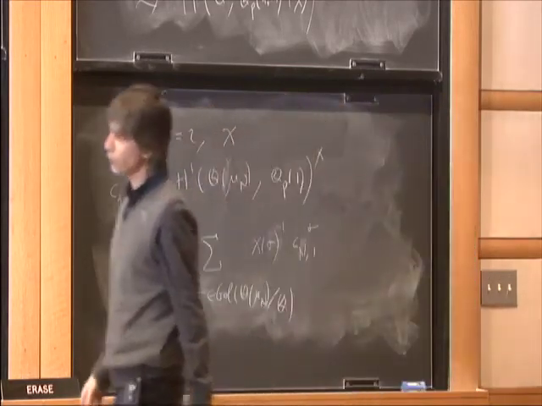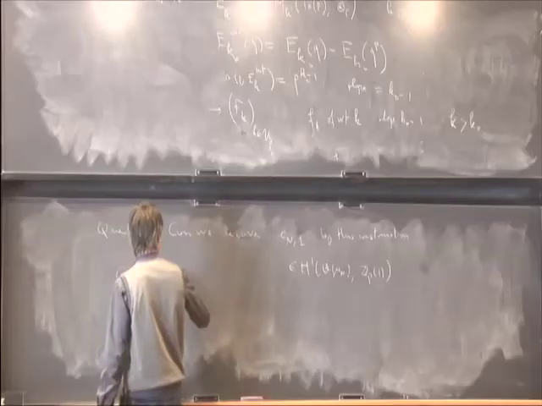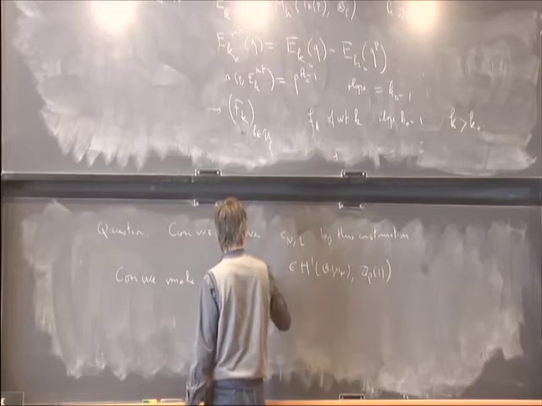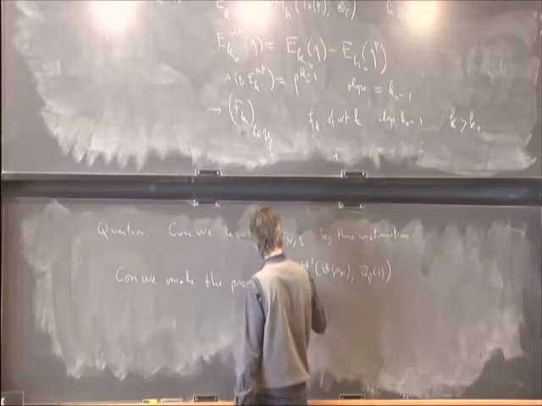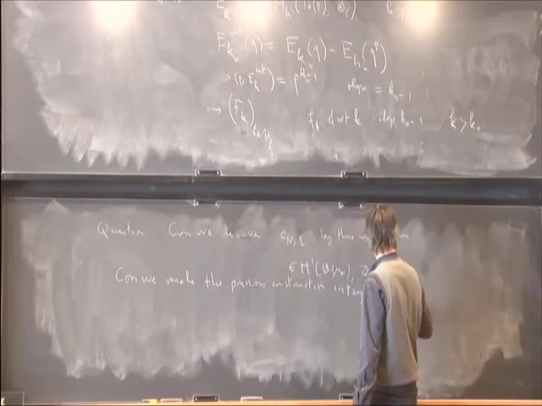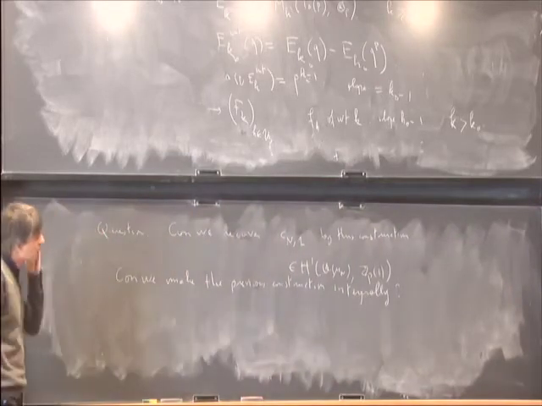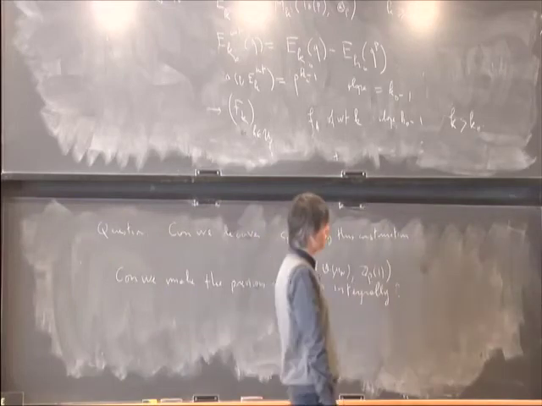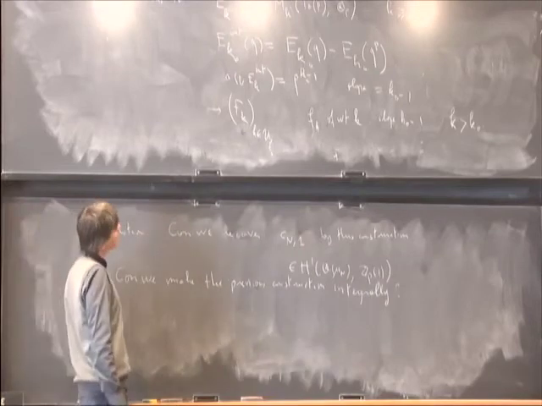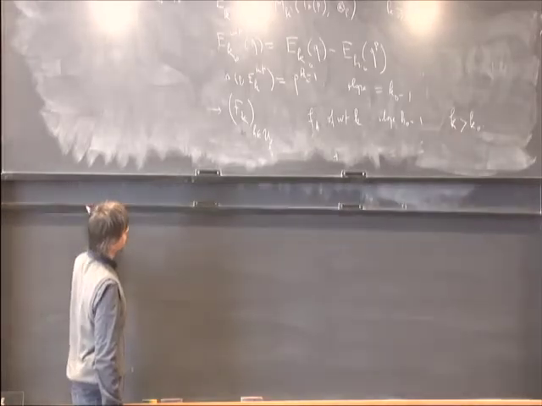So the question, therefore, is can we make the previous construction integrally? And if we can, that would give another construction of an Euler system. So I'm going to explain what we can do.